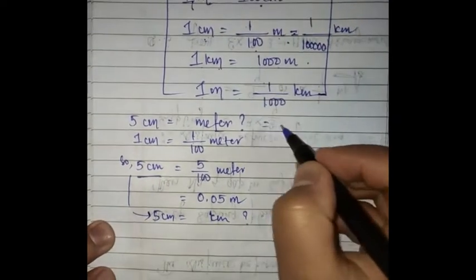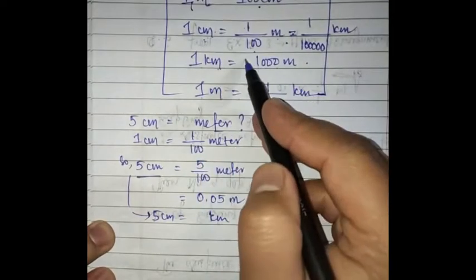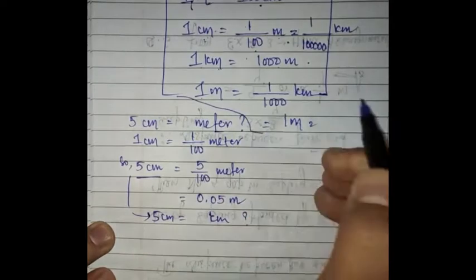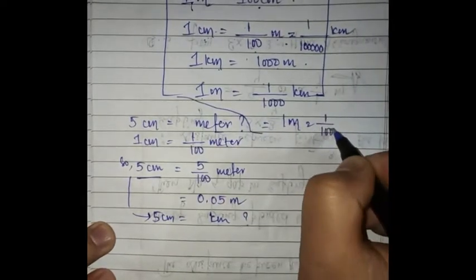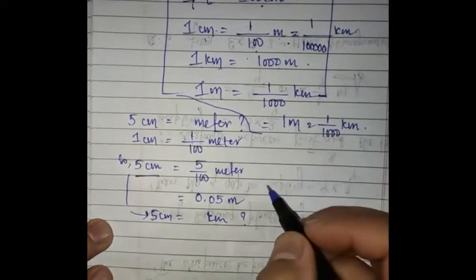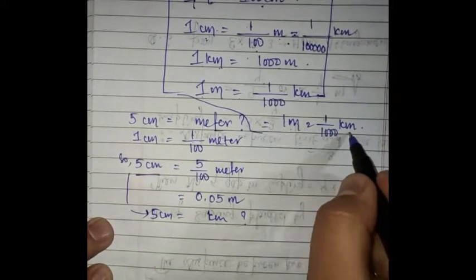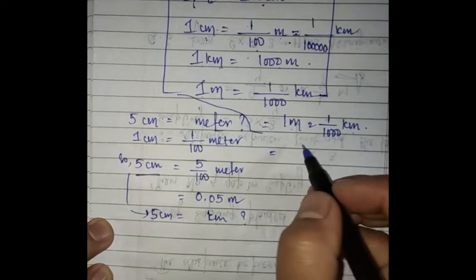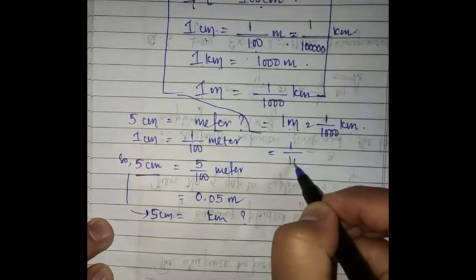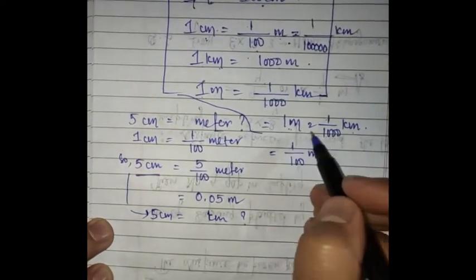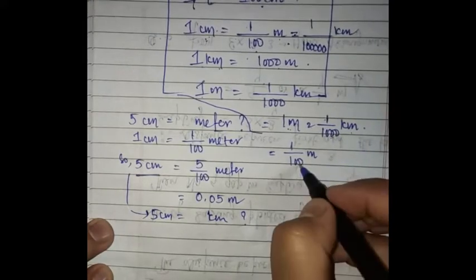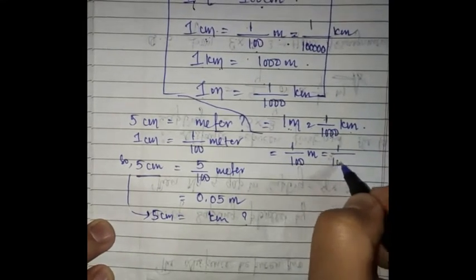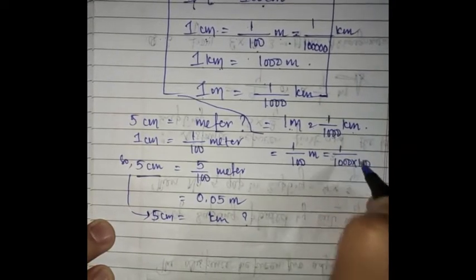Because 1 centimeter is 1 by 100 meter, no? I'm using this concept: 1 meter equals 1 by 1000 kilometer. So if we have 1 by 100 meter, and 1 meter equals 1 by 1000 kilometer, then 1 by 100 meter is 1 by 1000 into 100, no?